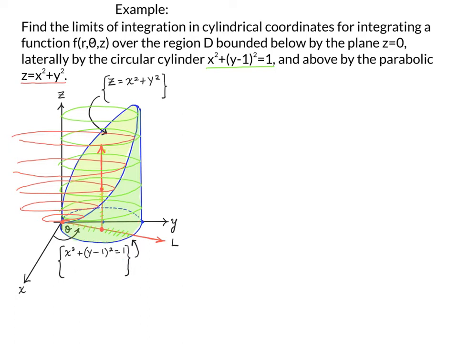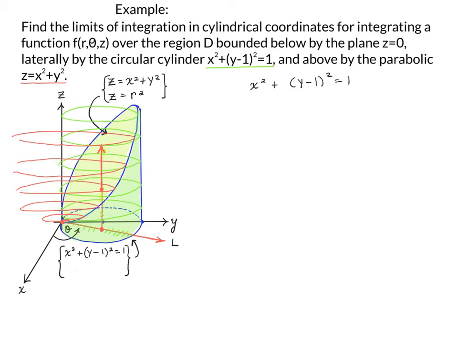So let's convert these two equations into cylindrical coordinates. I'm switching to black. The first one, we know that x squared plus y squared is r squared, so z is equal to r squared. That's a pretty straightforward one. This bottom equation, let's write it out. It's x squared plus (y minus 1) squared is equal to 1.